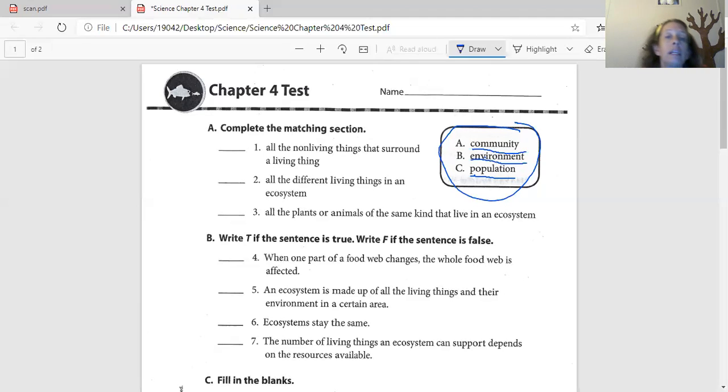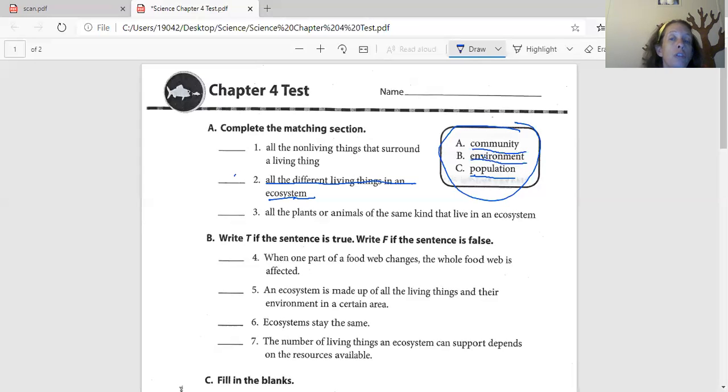Good. All right. Number 2, remember your choices are community, environment, or population. Number 2 says, all the different things in an ecosystem. If you think all the different things in an ecosystem describes community, write an A here. If you think that describes environment, write a B here.